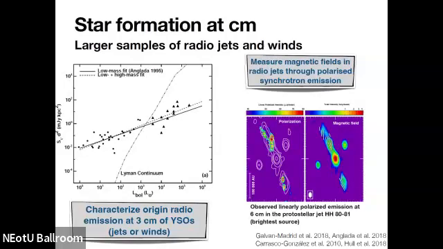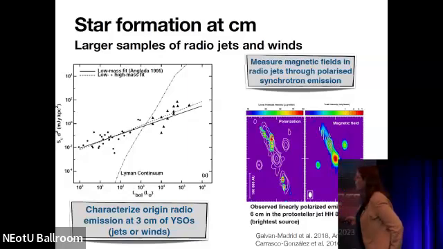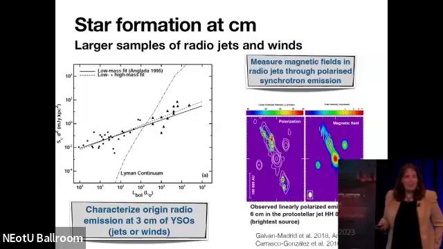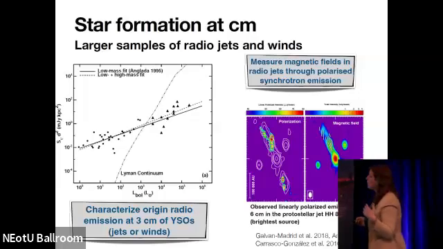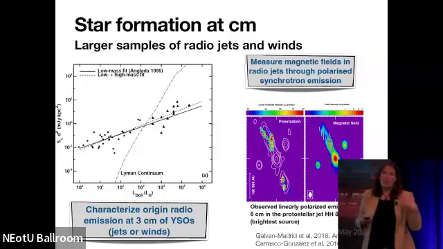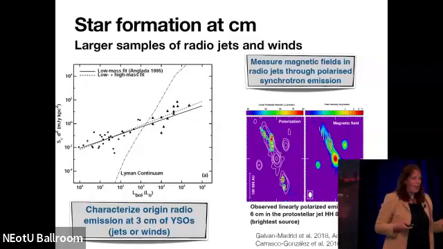As you've seen over here, there's this correlation between the radio brightness and the bolometric luminosity. But considering the scatter, it's still hard to distinguish between the different mechanisms that are responsible for the radio emission. So larger samples will help.